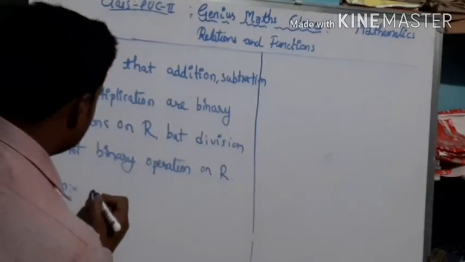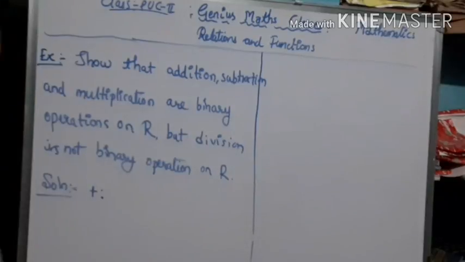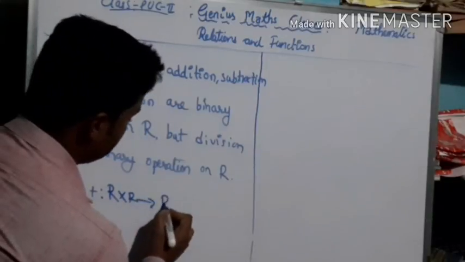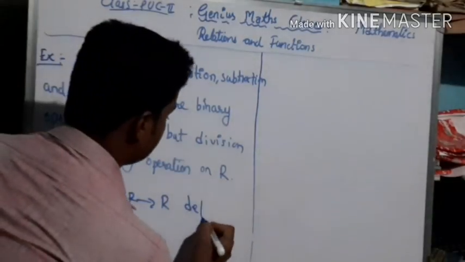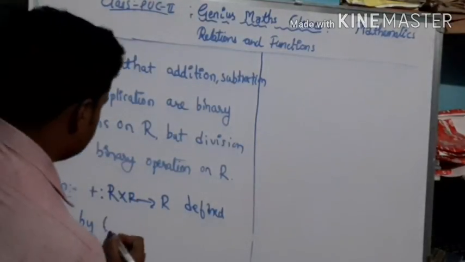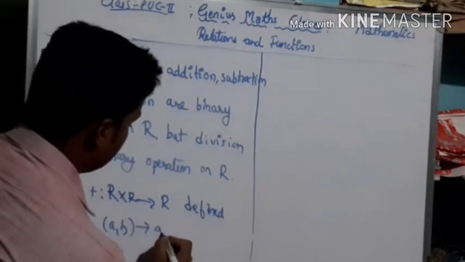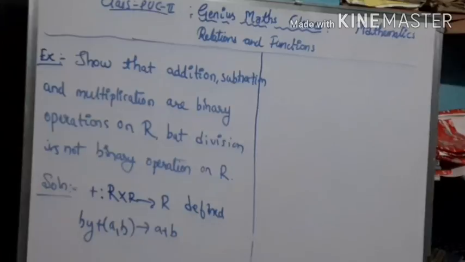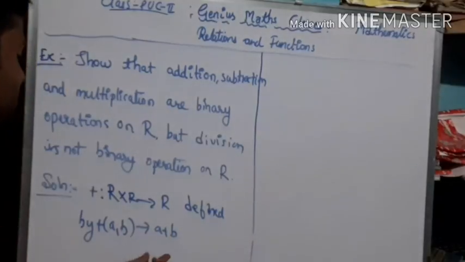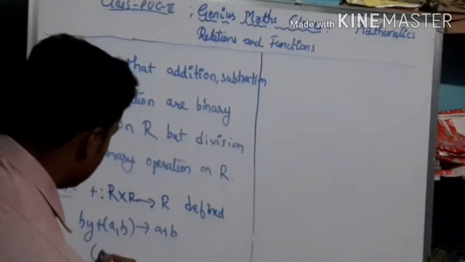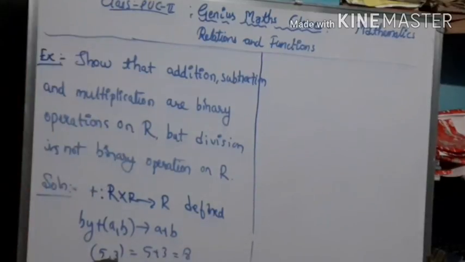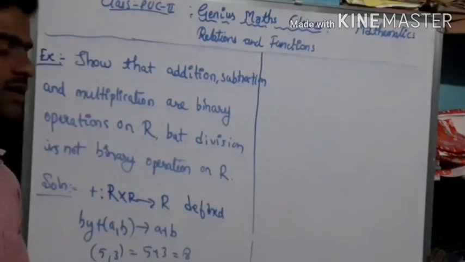If you define plus on the set R cross R to R, defined by plus of (A, B) equals A plus B, whatever numbers you consider in real numbers, you will get the result A plus B. Simply, if you consider 5 and 3, you will get 5 plus 3, which is equal to 8. 5 and 3 belong to real numbers, and 8 also belongs to real numbers.